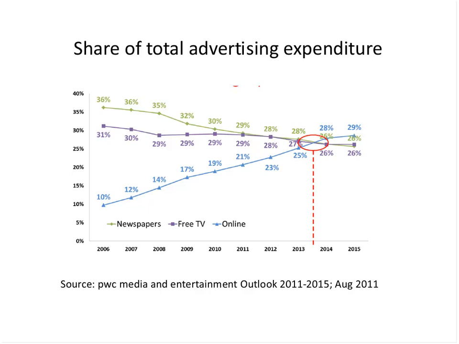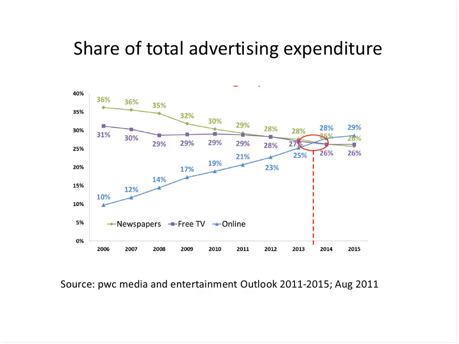So you see from this graph that PwC Media are predicting that by about mid-next year, the amount companies are spending online will match that being spent on newspapers and free-to-air TV. So the marketplace is changing so very rapidly.